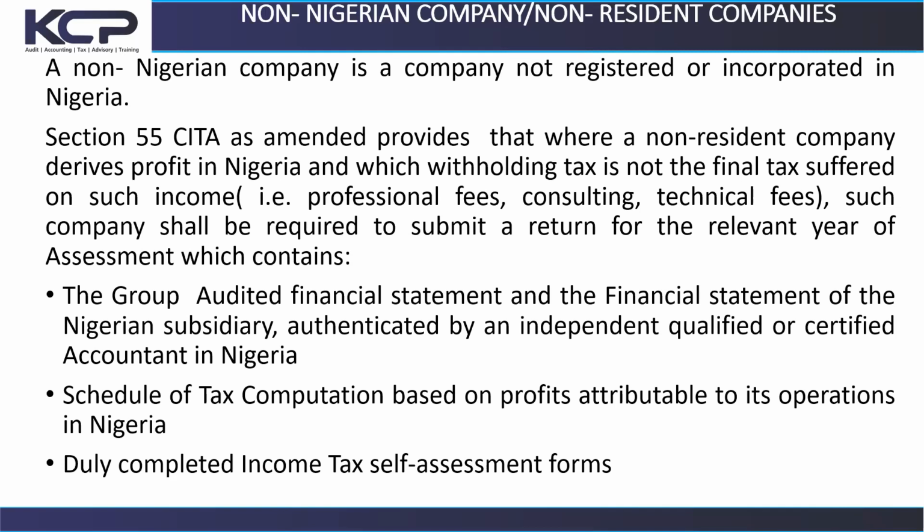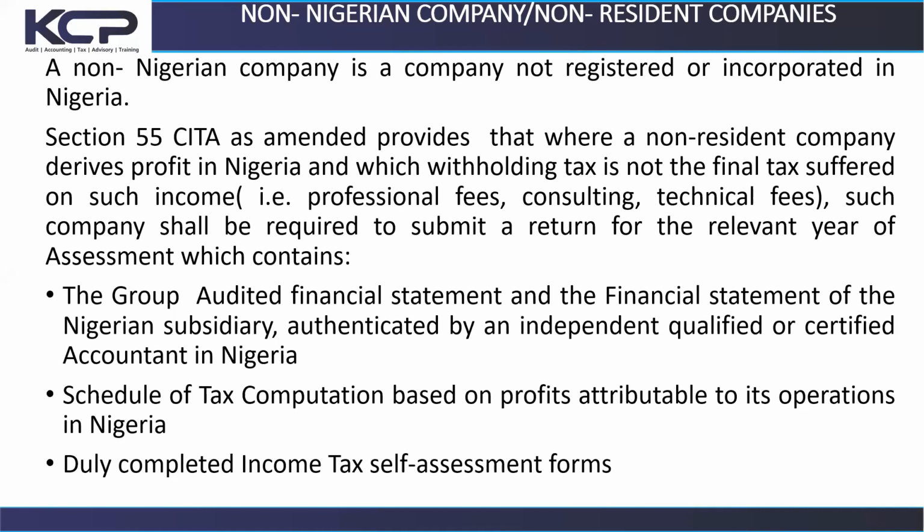If it's just a consulting fee, it is more definitely to be regarded as a final tax. If it is a dividend or even a technical fee, it may be deemed to be the final tax. Anything outside that, even though the withholding tax must have been deducted, may not be taken as the final tax.